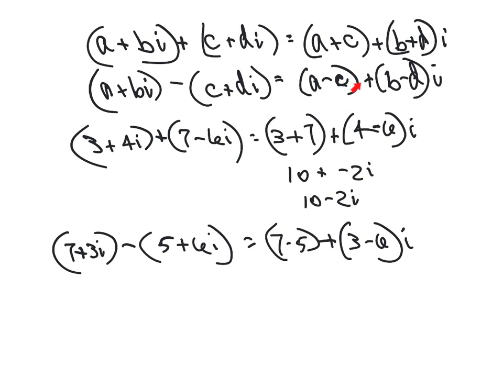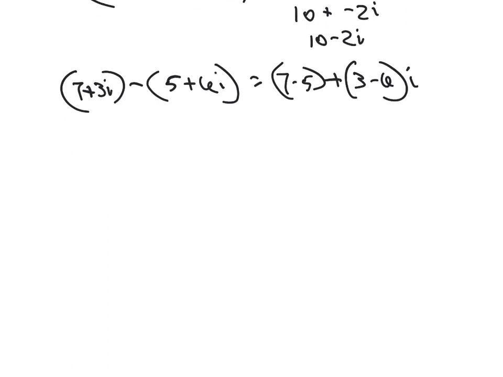Very important to remember. The plus sign is there. You're just subtracting the real part and the imaginary part. So that takes us to what we have here. So this is going to be 2 plus 3 minus 6 is negative 3i. So 2 minus 3i.